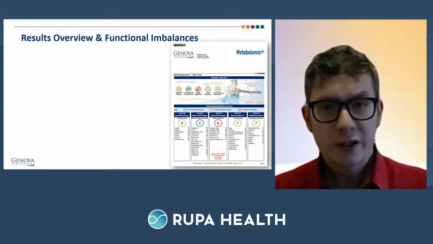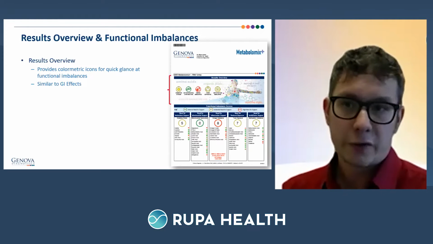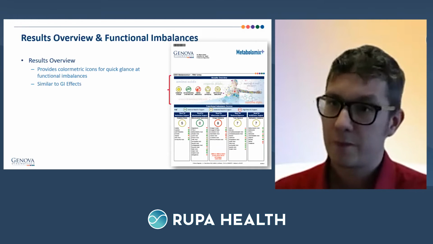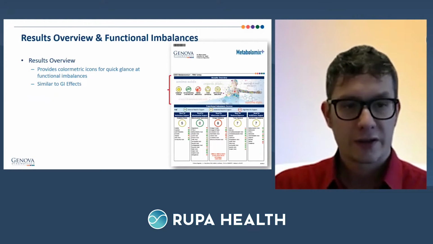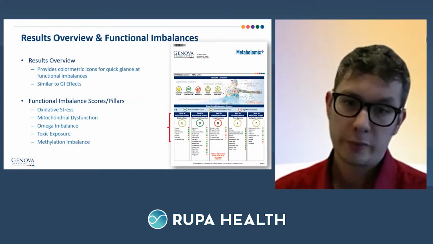So we'll talk a little bit about some of the minor details of the report. The first page here is a results overview page to roll up all the information into the key areas that you can focus on. So we have this colorimetric graphic followed by these functional imbalance scores, or pillars.